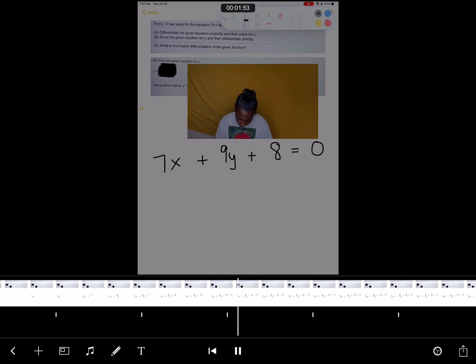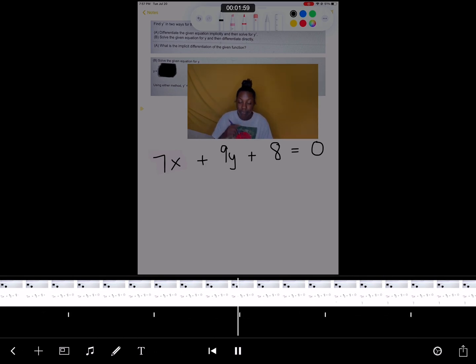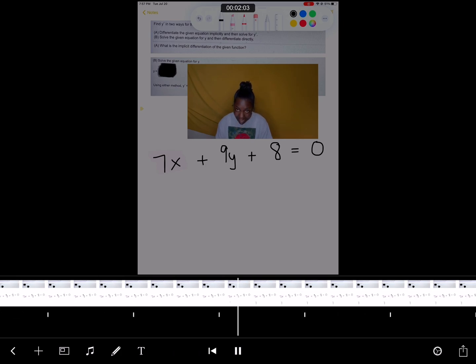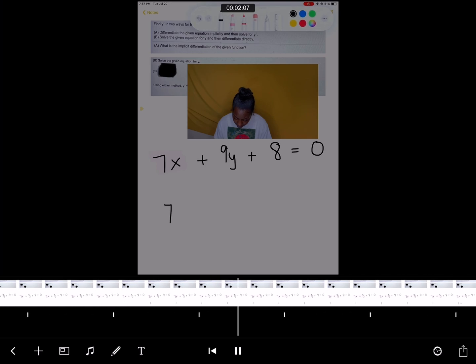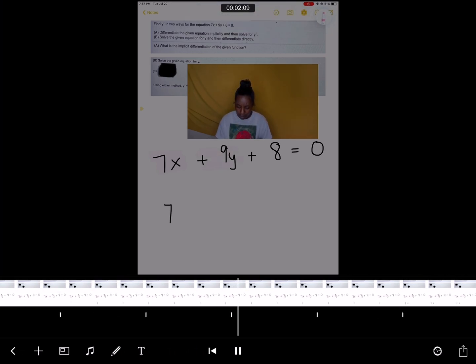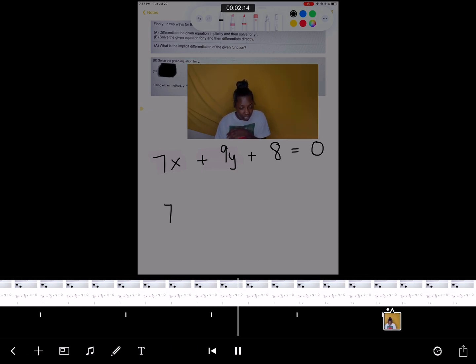So we take the derivative with respect to x. The derivative of 7x with respect to x is just 7. Then we need to take the derivative with respect to x of 9y. That's when the implicit stuff starts coming in.